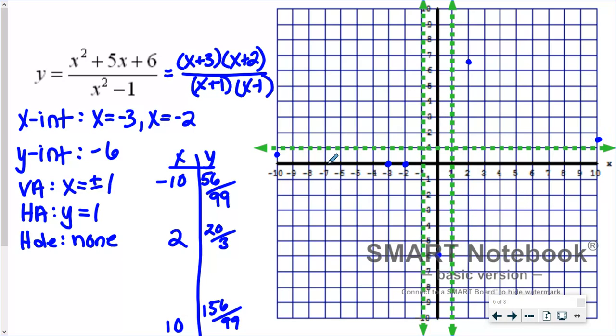Now, these are the only x-intercepts. You can't create new imaginary x-intercepts. So I have to go down here, and I have to go up here, and this is really it. If you're confused at what you would have to do there, you can always use those one-sided limits. So the limit as x approaches negative 1 from the left, you would find that it has to go to positive infinity.